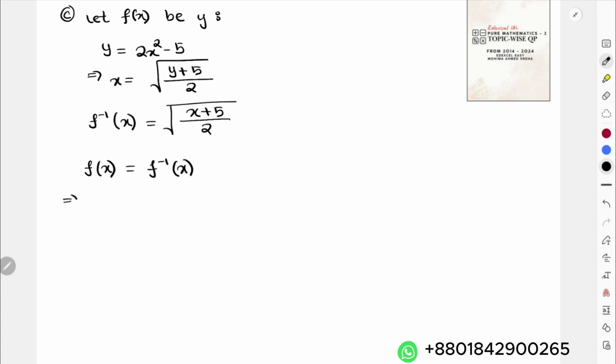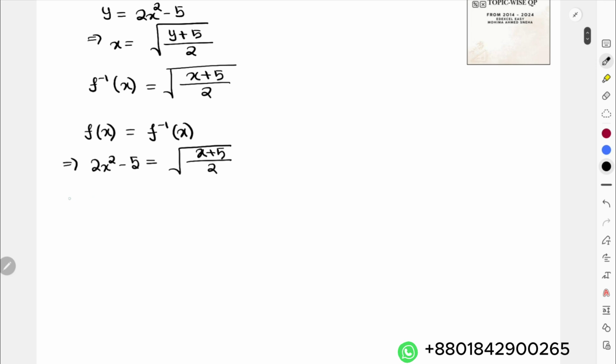Now if I set the two equations equal, which are f of x and f inverse x, we get 2x squared minus 5 equals the square root of (x plus 5) over 2, everything under the square root. Now if you square both sides, you're going to have 4x to the power 4, then 4 with 5 is minus 20x squared plus 25, and then again (x plus 5) divided by 2.